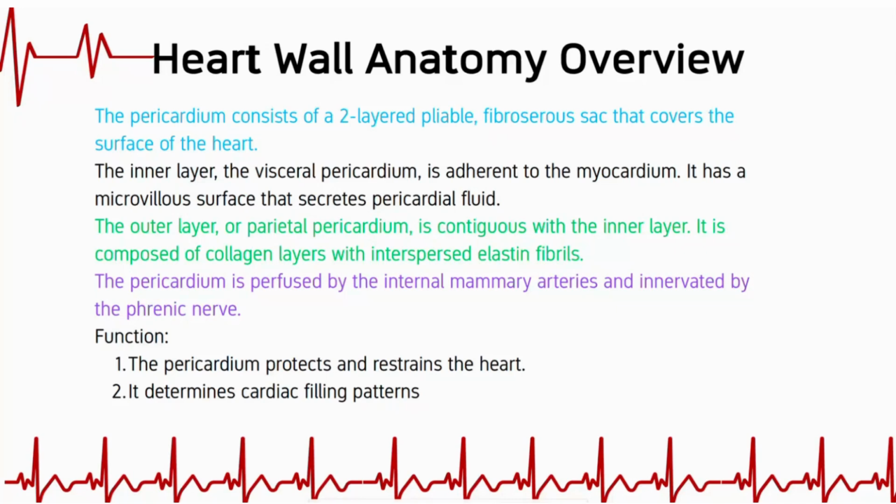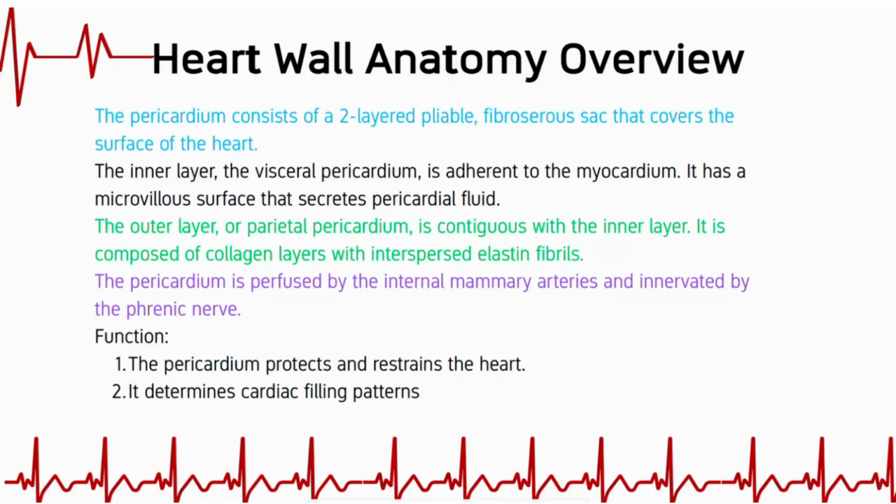Now, the outer layer, the parietal pericardium, gives the structural role that the pericardium plays. As I said earlier, what the pericardium stops the heart from doing is dilating so much that it bursts.